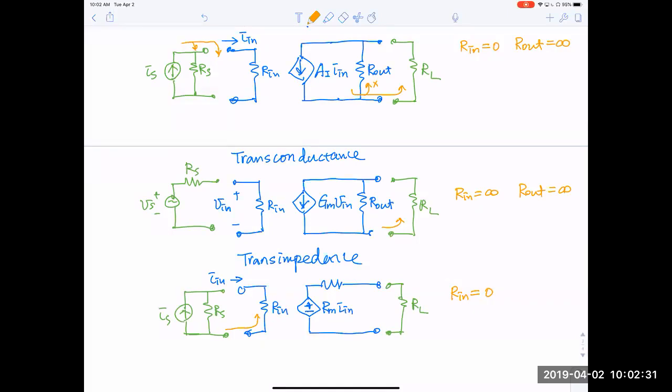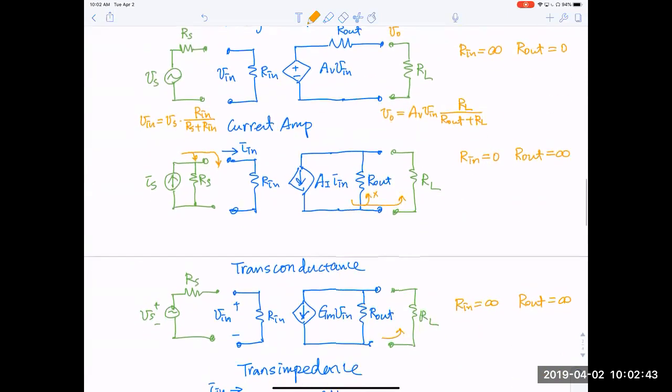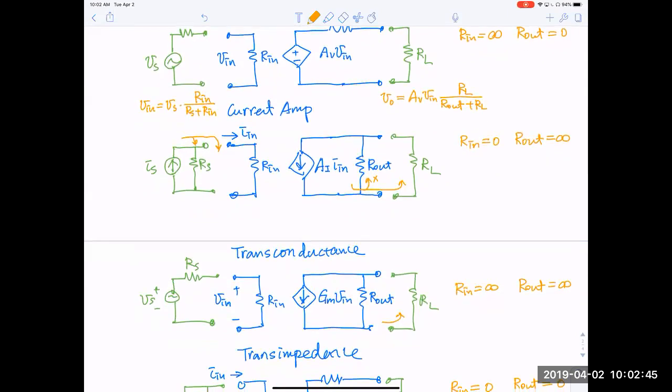And the output is a voltage divider, so ideally Rout is also 0. So these 4 classes of amplifiers, in addition to what they primarily amplify, the input and output resistance is also a primary design consideration.